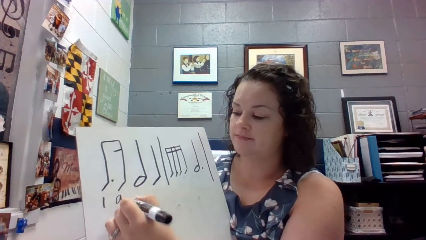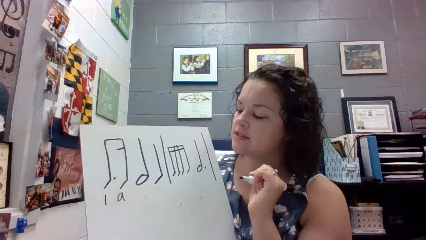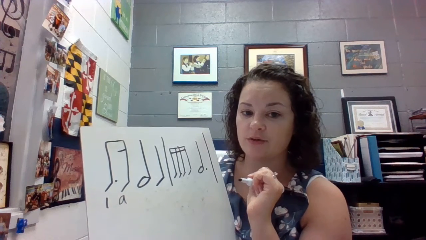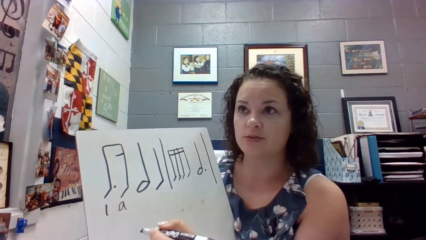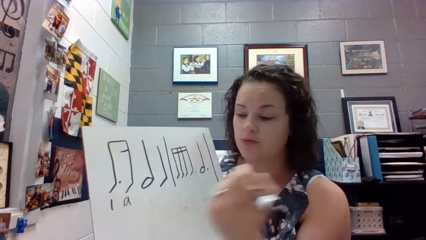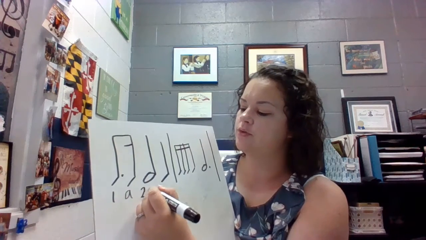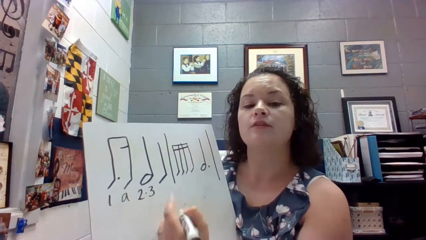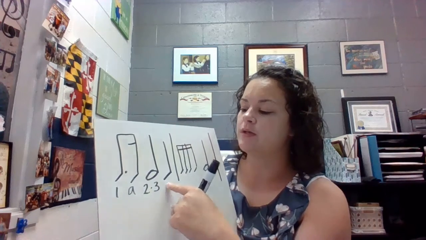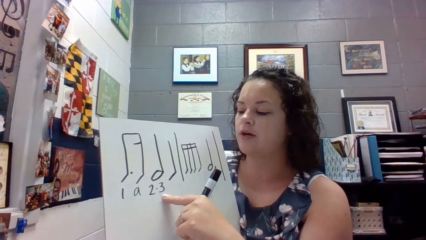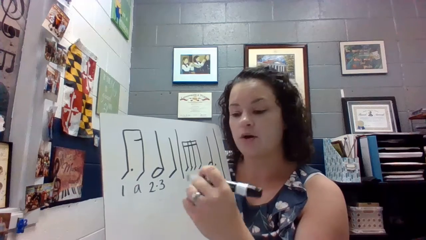This is a, okay? The next note is a half note, which we know gets 2 beats. Well, we've already used beat 1, so we're going to start on beat number 2. So this is beats number 2, 3, followed by a quarter note. Well, we've already used beats 1, 2, and 3, so we are now on beat number 4.